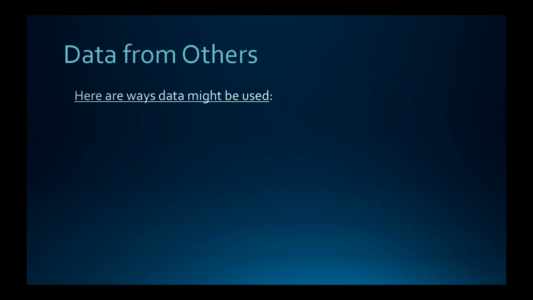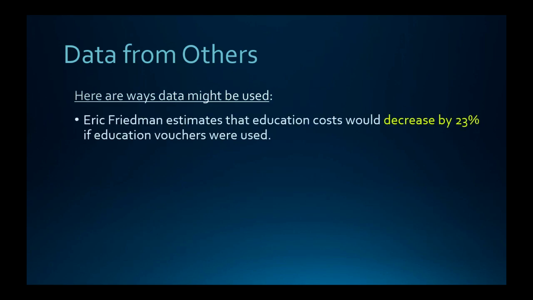So let's talk about ways we might use data. We might, in a presentation, decide to talk about something we found. We might say Eric Friedman estimates that education costs would decrease by 23% if education vouchers were used. Well, this might be his research, and he determined from his own models this.